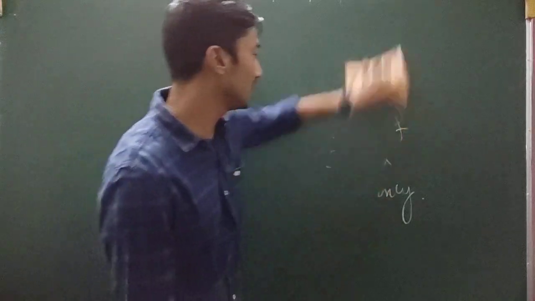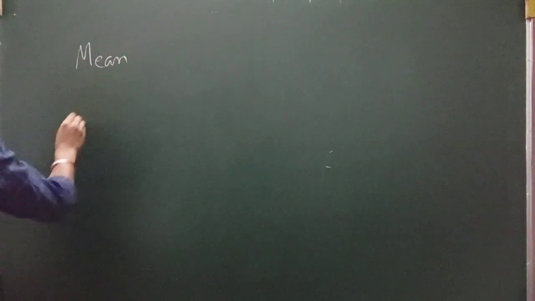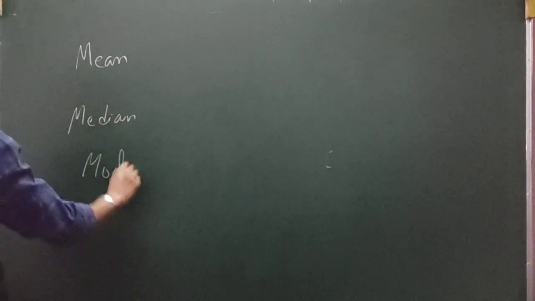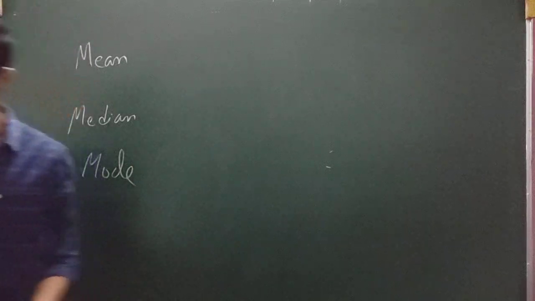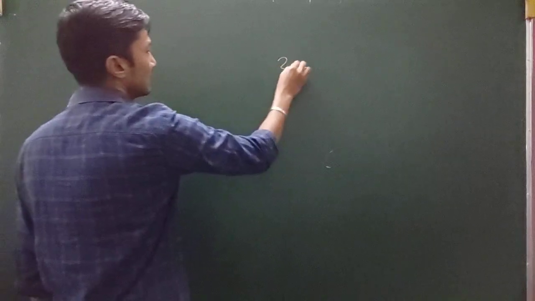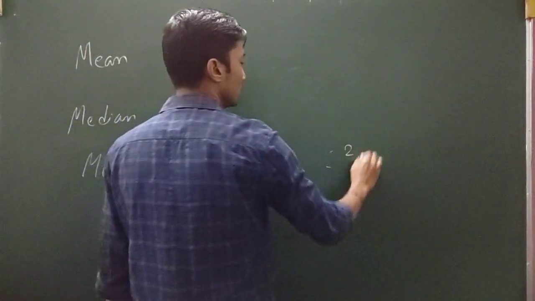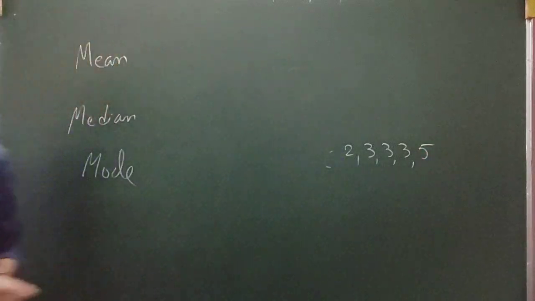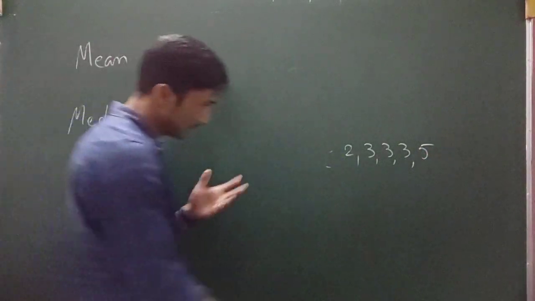Now let's do a quick recap of what we meant by mean, median, and mode. A quick revision. For ungrouped data, let's say we have a set of data like 2, 3, 3, 3, 5, 7, 5.